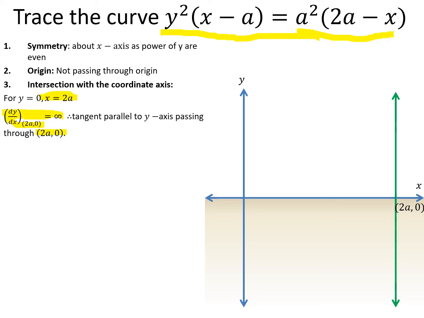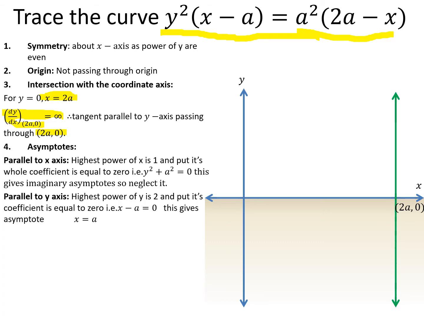Okay, now come to rule 4. Rule 4 is about asymptotes. We have to discuss here two types of asymptote: parallel to the x-axis as well as parallel to the y-axis. So for parallel to the x-axis, what we have to find out is the highest degree of x. Here again in this equation, the highest degree of x is 1. The coefficient of x on the left hand side is y square, and on the right hand side it is minus a square.